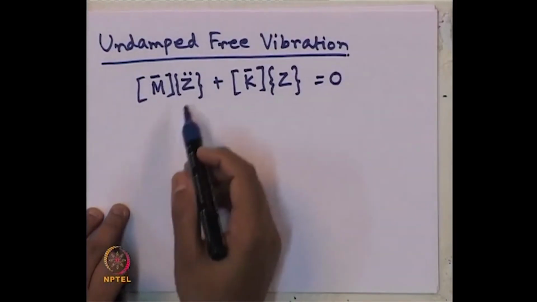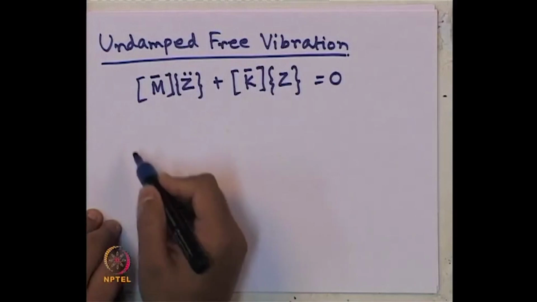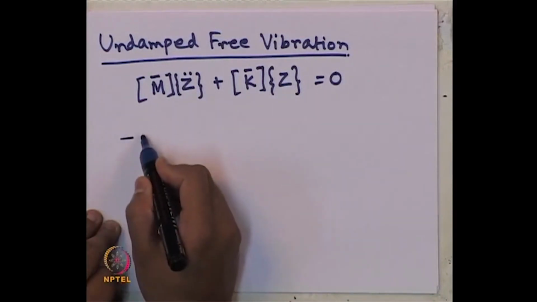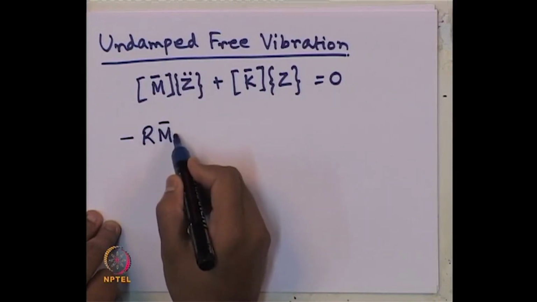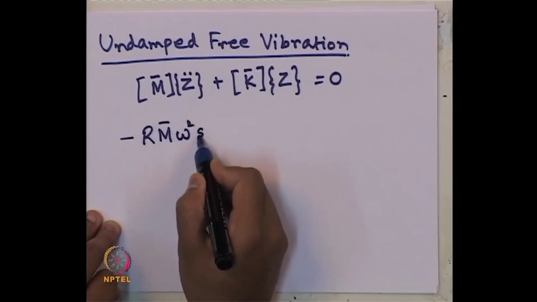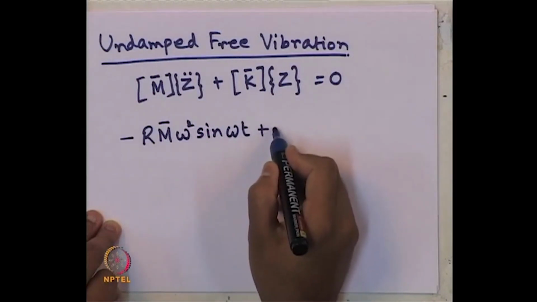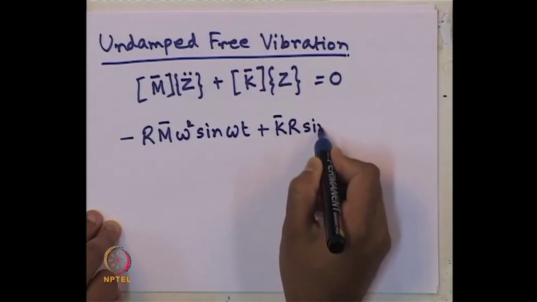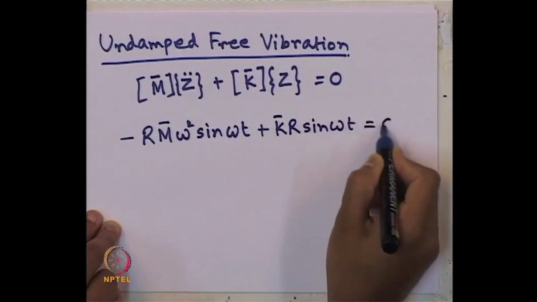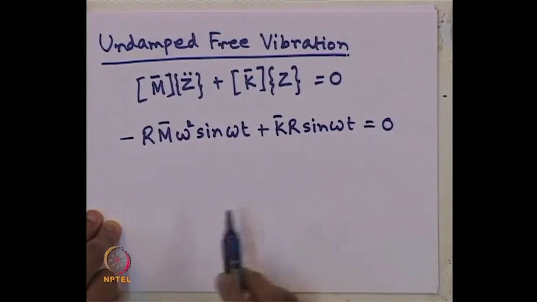By putting the assumed solution of z into the equation, it will give us minus r m bar omega square sin of omega t plus k bar r sin of omega t equals 0, because z we have assumed in the form of r sin omega t.